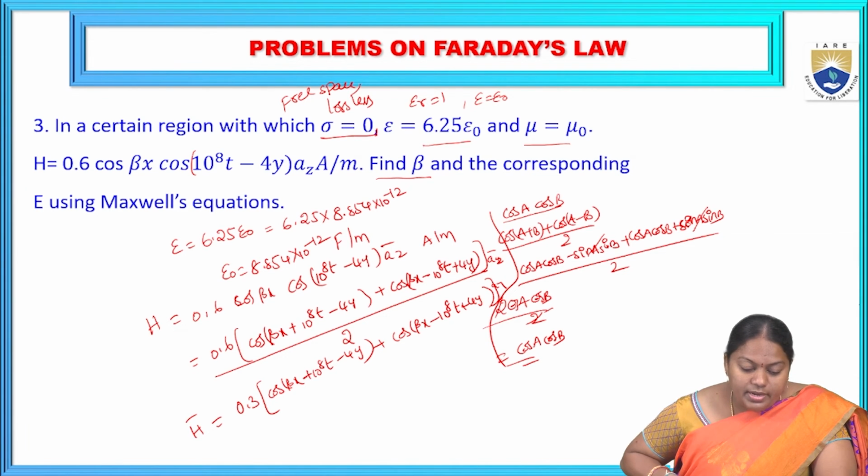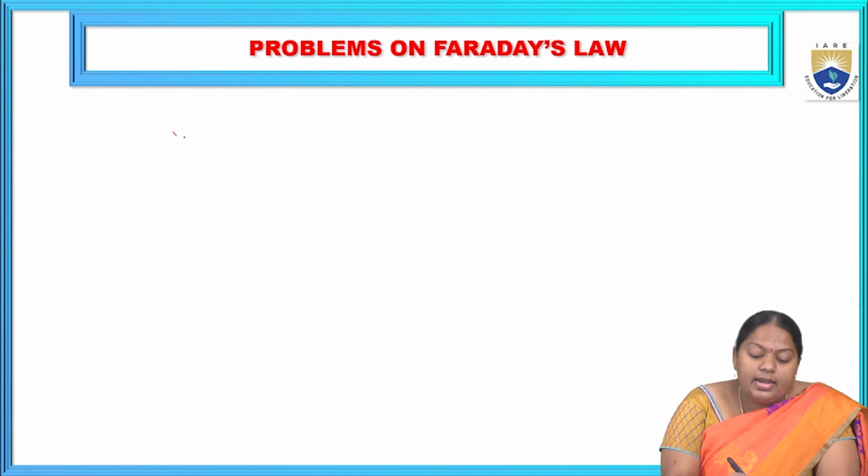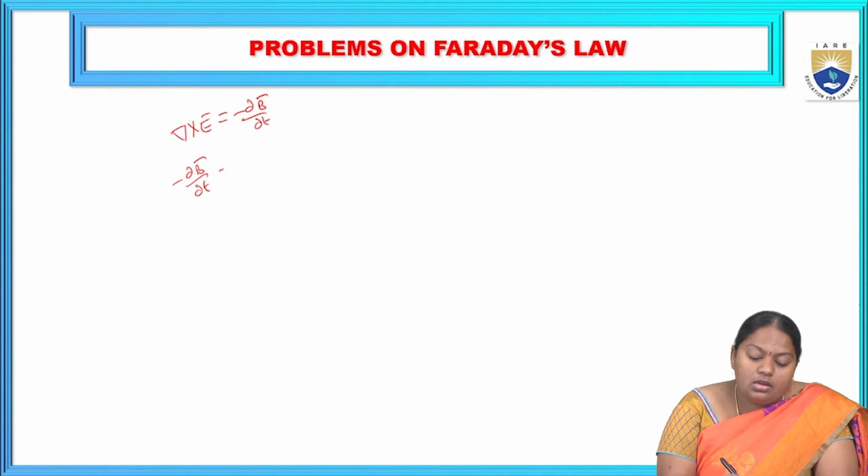So to find the E value from the given H, we need to use again Faraday's law, that is del cross E bar equal to minus ∂B bar by ∂t. So in order to find the H, minus ∂B bar by ∂t can be written as minus μ into ∂H bar by ∂t.